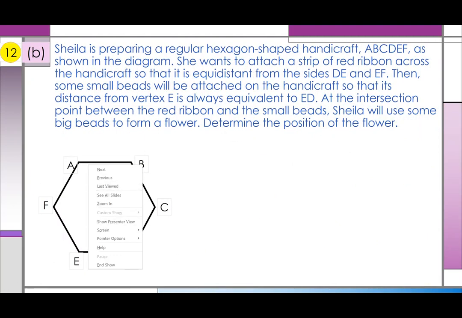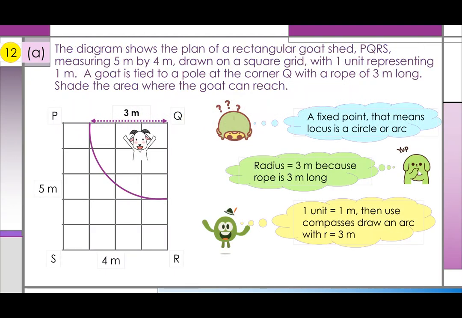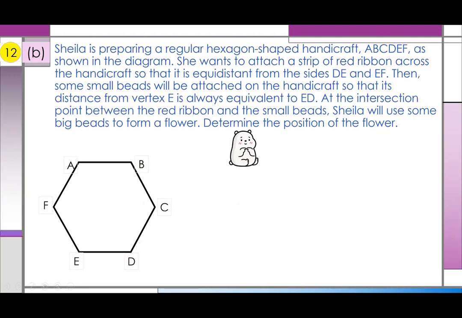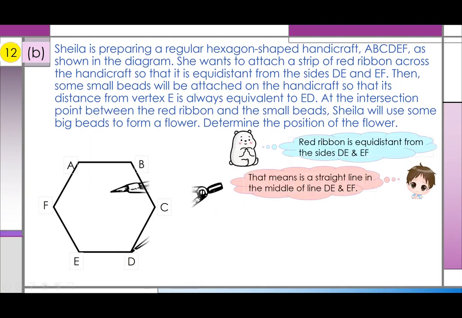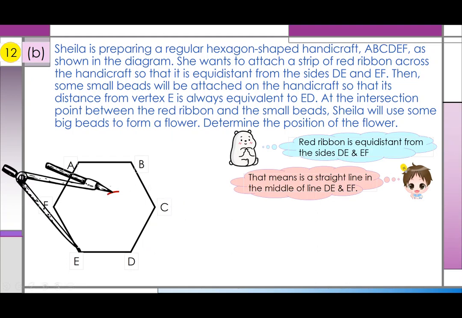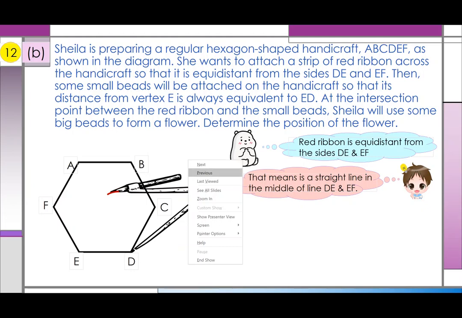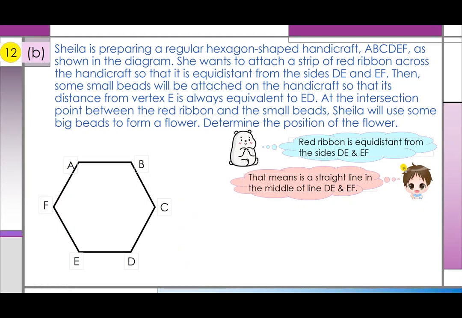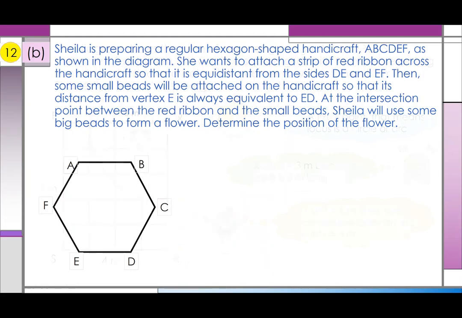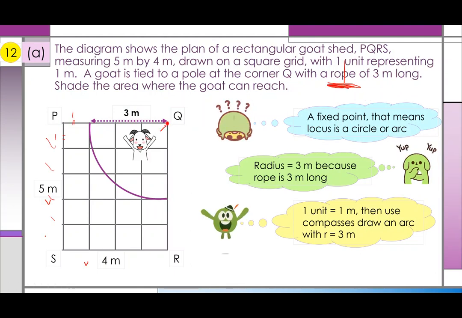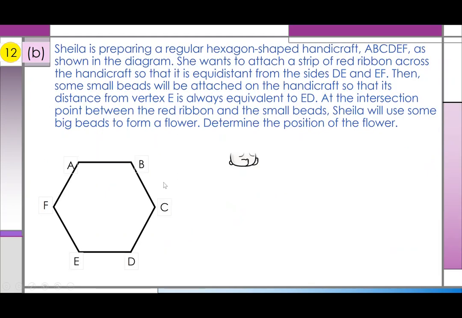Remember to shade the area. You must shade your area.